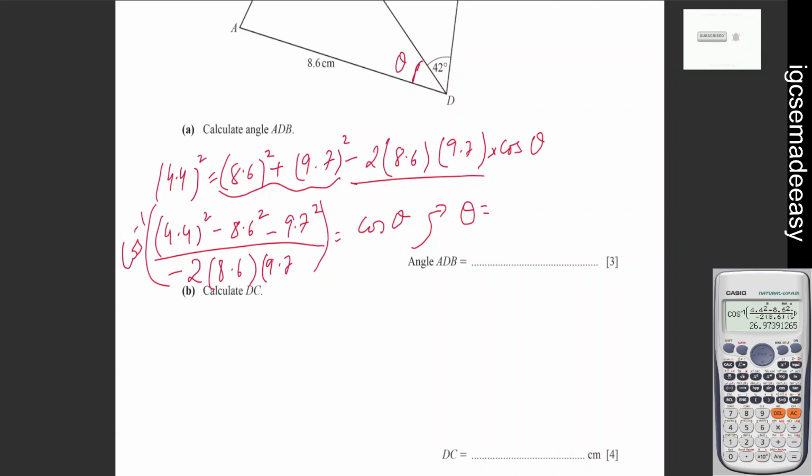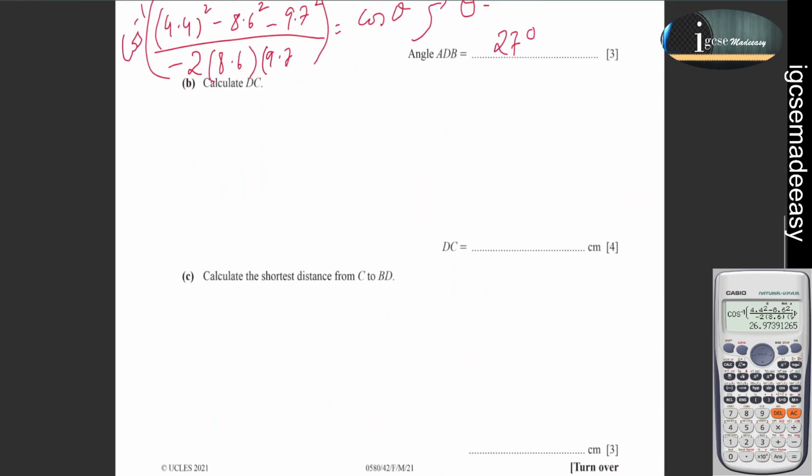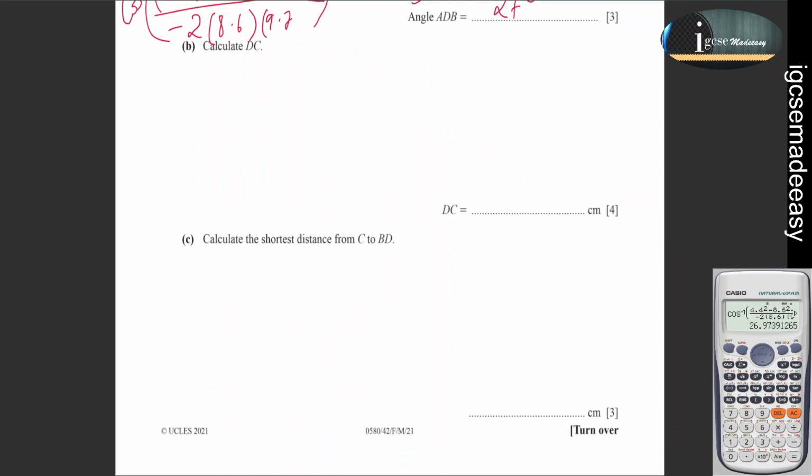So theta is 26.9, or you can write it as 27 degrees. So that will be your final answer.